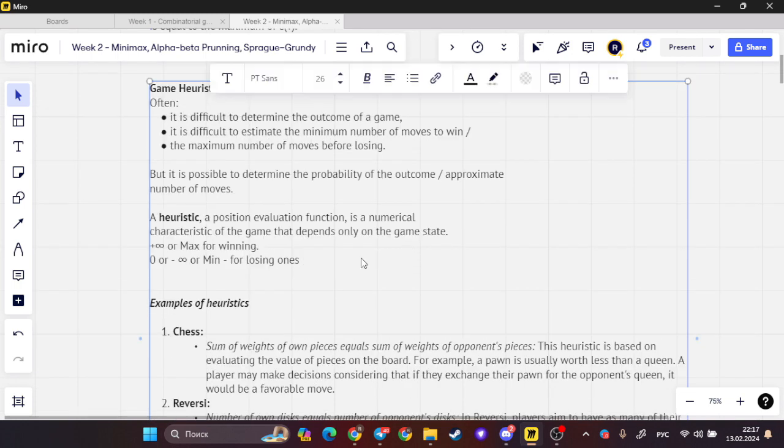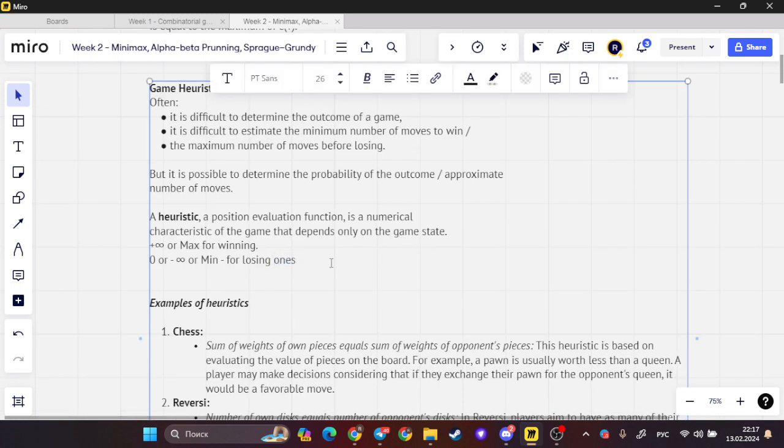So we define a new function, the heuristic function. It's a possible evaluation function: a numerical characteristic of the game that depends only on the game state. Only on the game state.